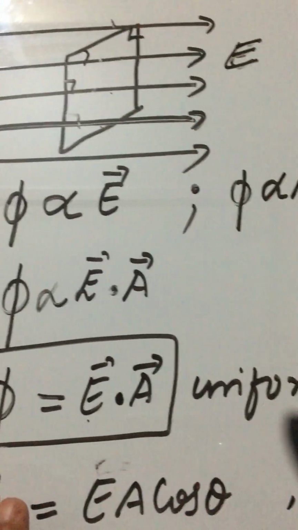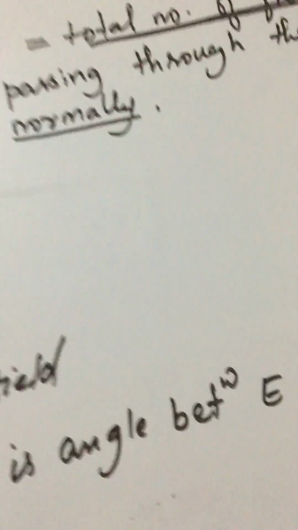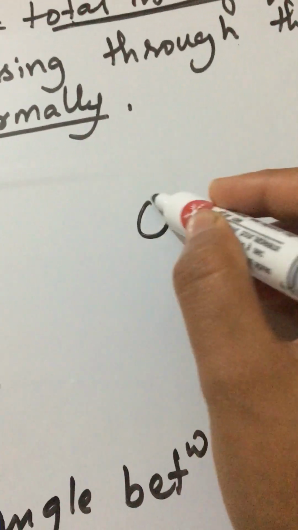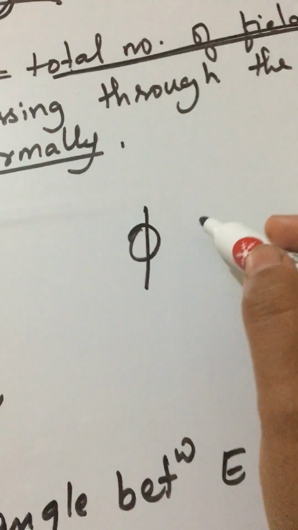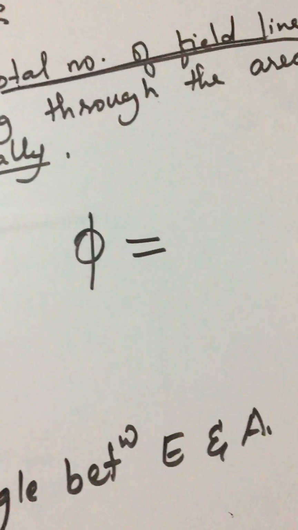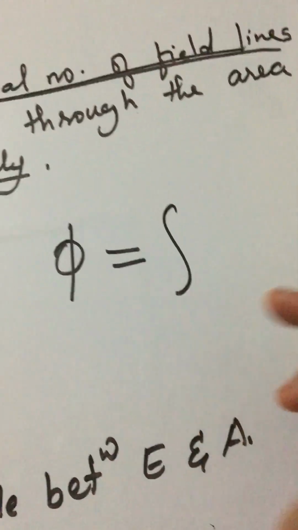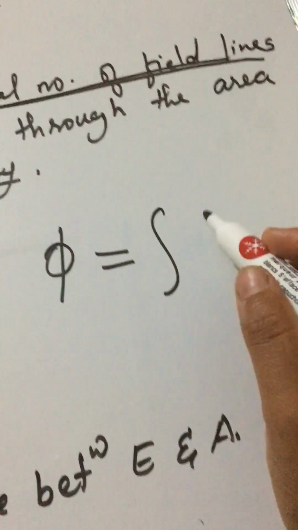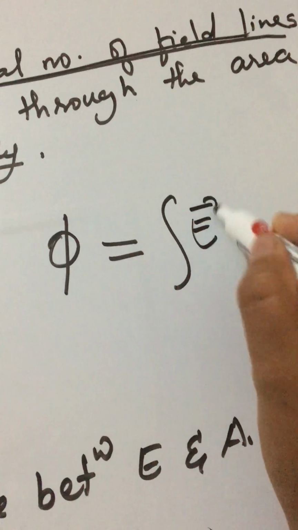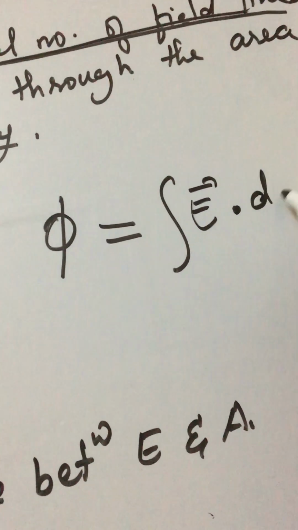If the field is non-uniform, then the flux can be written as an integration of small additions, E dot dA or E dot dS.